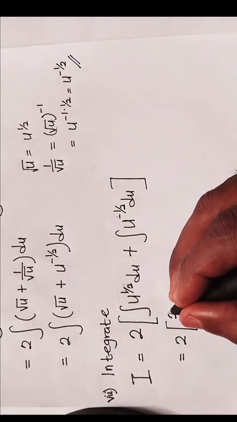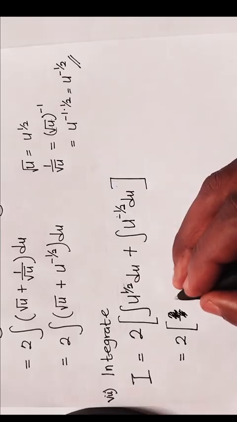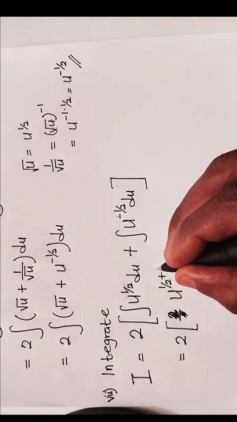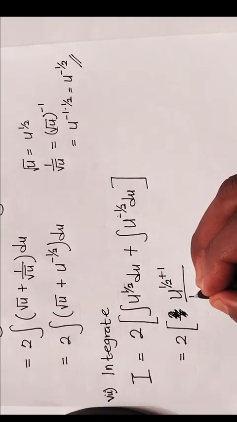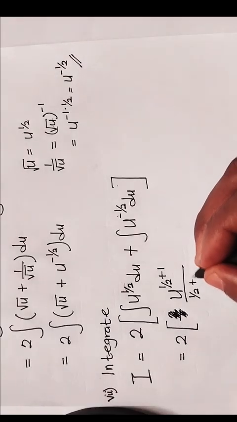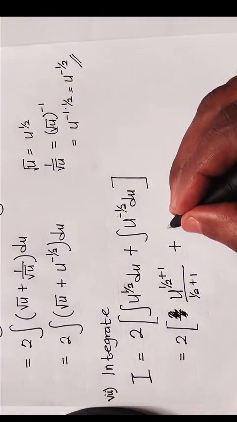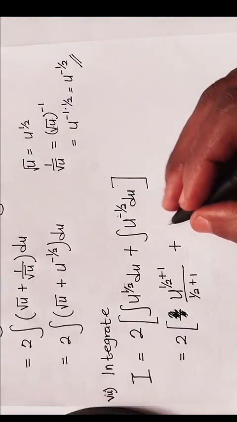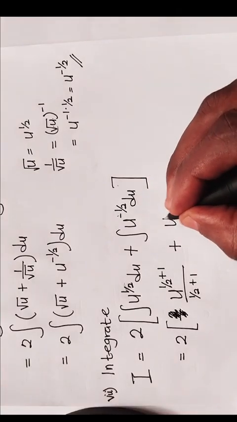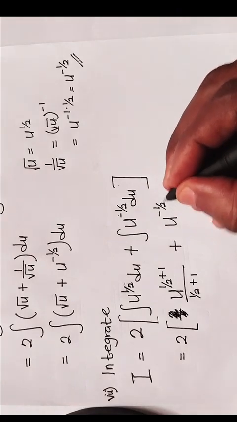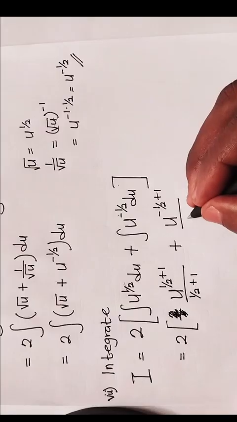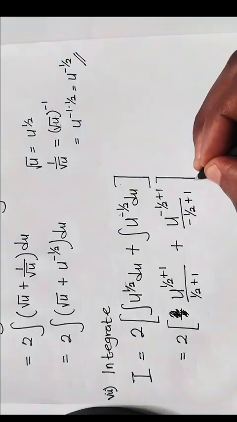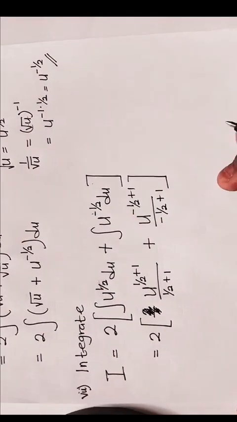So if we integrate this, we have u raised to the power of 1 all over 2 plus 1 all over 1 all over 2 plus 1, plus this is, if we integrate this, we have u raised to the power of negative 1 all over 2 plus 1 all over negative 1 all over 2 plus 1. So this is what we have.